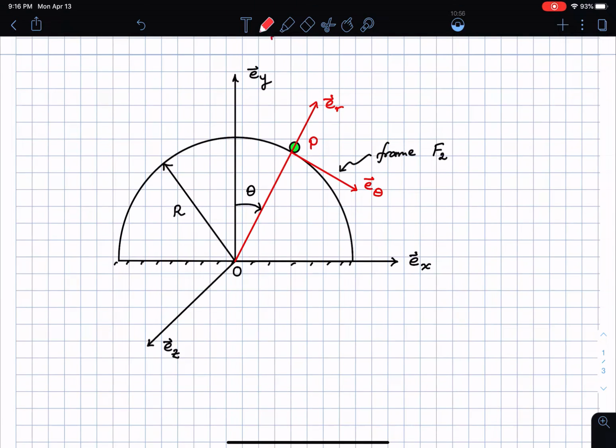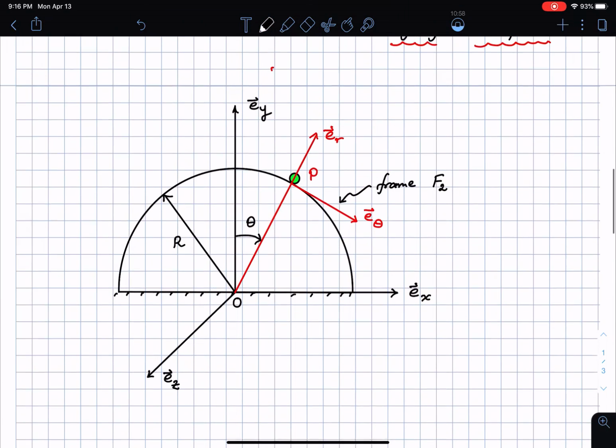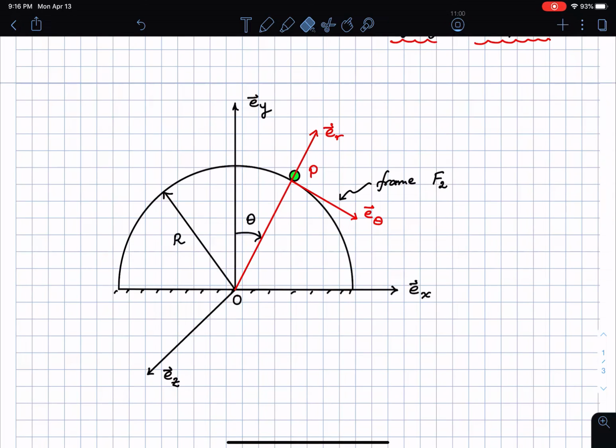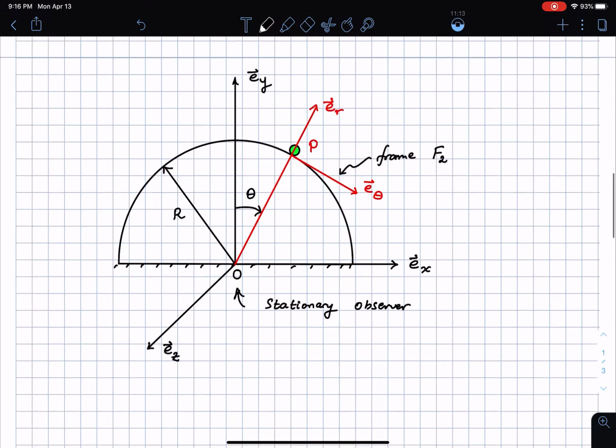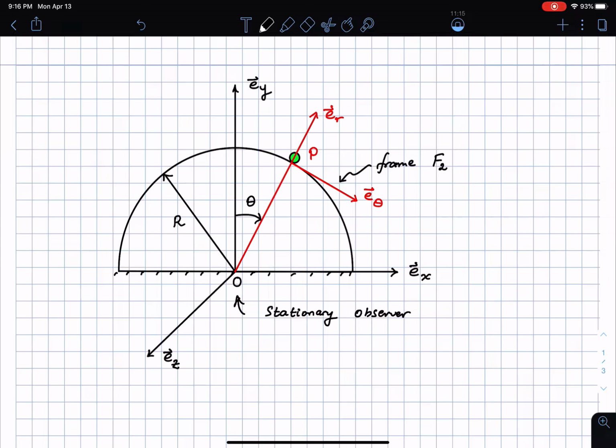Okay, all right. And so here I have the following situation. First of all, I have a fixed observer. Here is the fixed observer, that is point O, a stationary observer, and there is a frame F1 that is attached to this stationary observer, so I'm just going to call that frame F1. Then I have a frame that is attached to the particle.